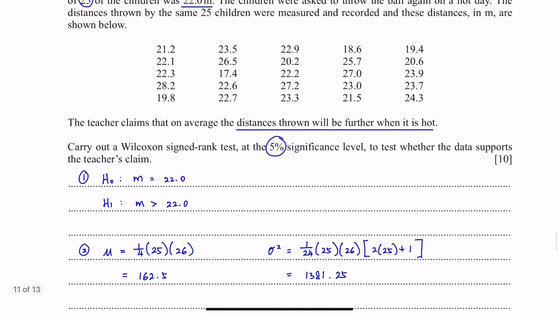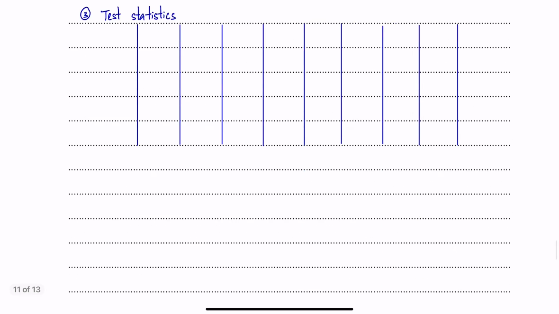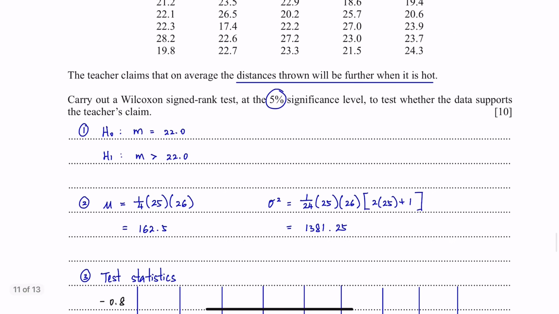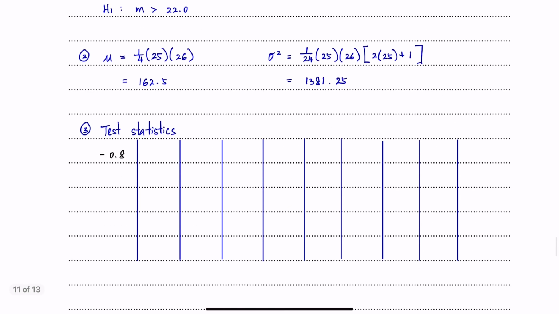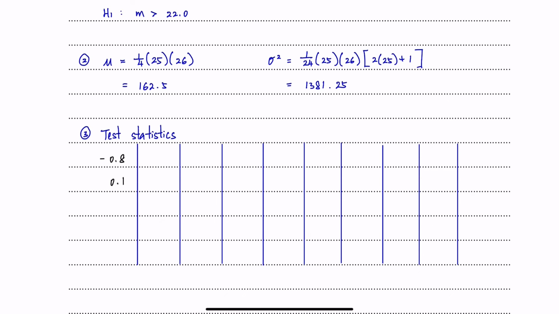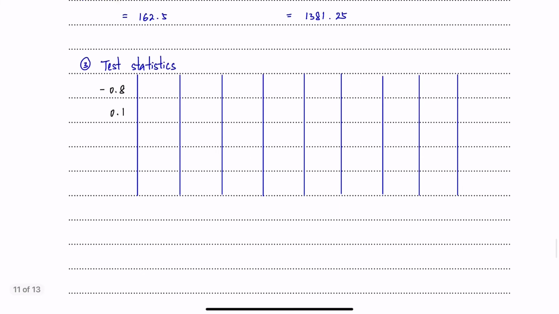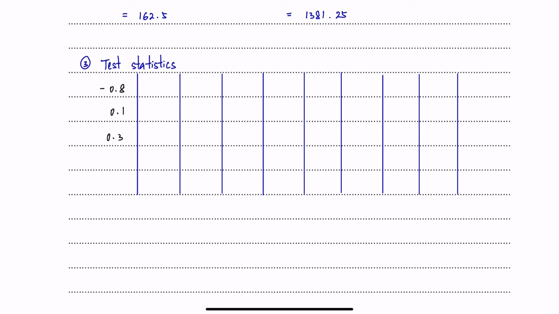So now we can start finding the differences. We take 21.2 minus 22, which is negative 0.8, and 22.1 minus 22 would be 0.1, so on and so forth. So I'll just write it down.